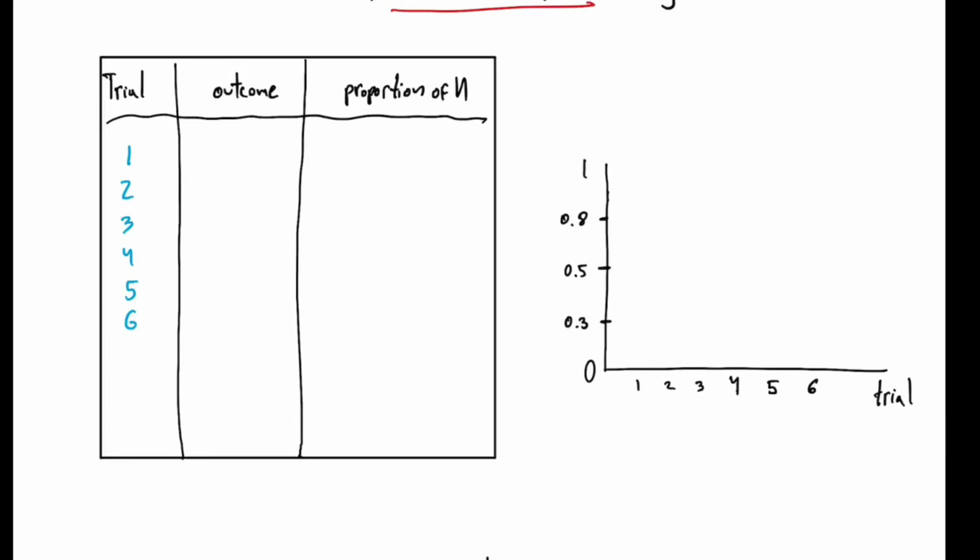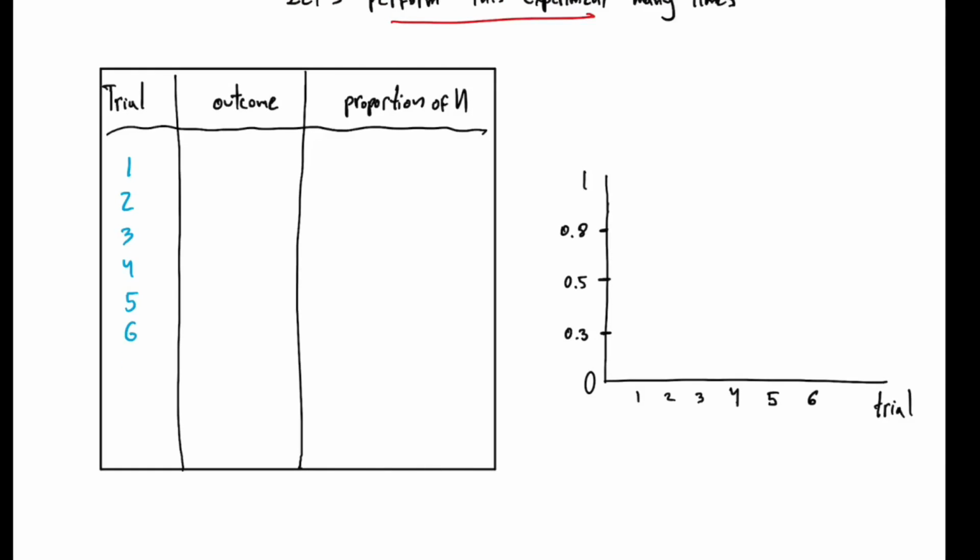And we have a setup for this experiment. We have, as you can see, trials, outcomes, and the proportion. Proportion of heads is going to be the outcome of our interest, right?